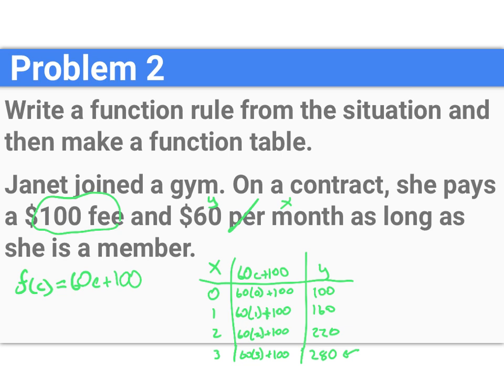The $60 is what she pays each month. The numbers on y represent the total she would have spent after a set amount of time. So please don't get that confused. A lot of students get that confused. What we come up with is not per month, but it is the total expenditure over time.